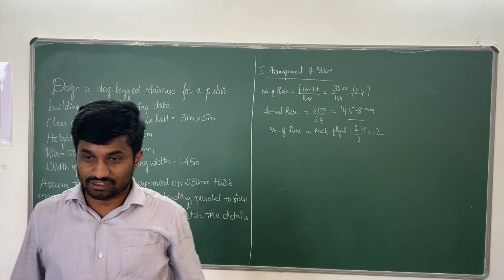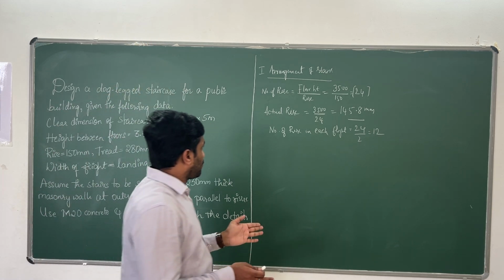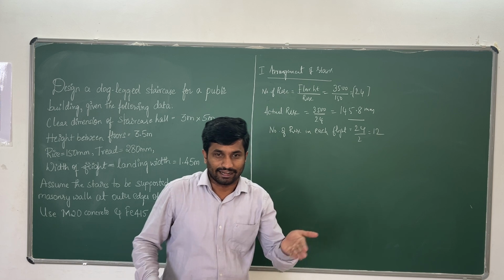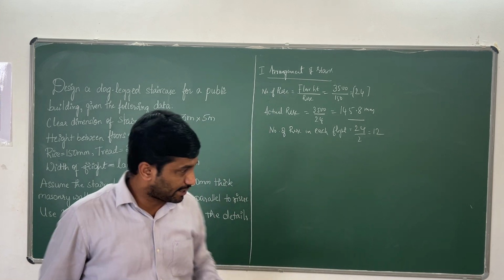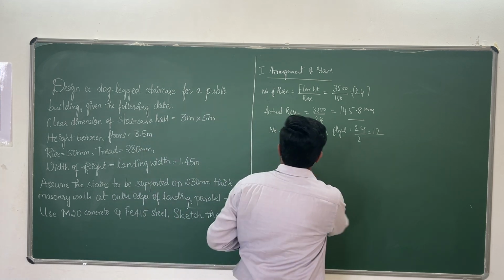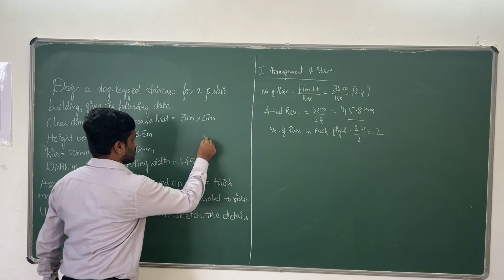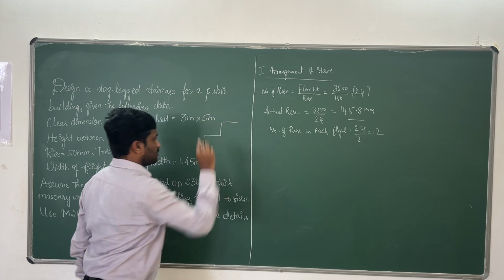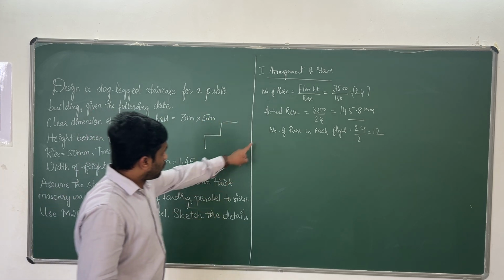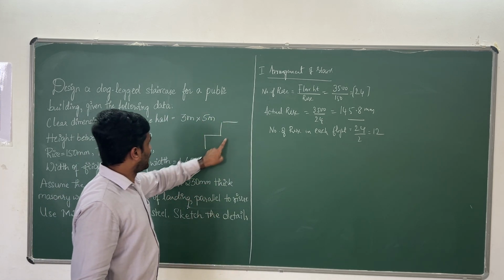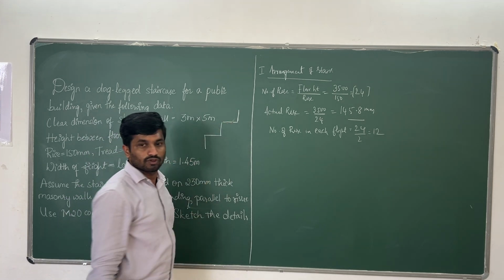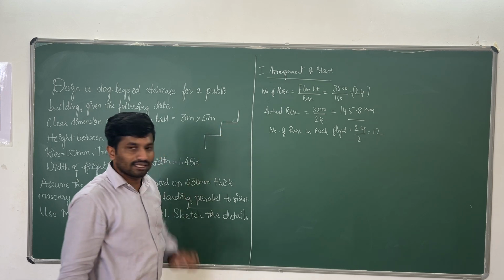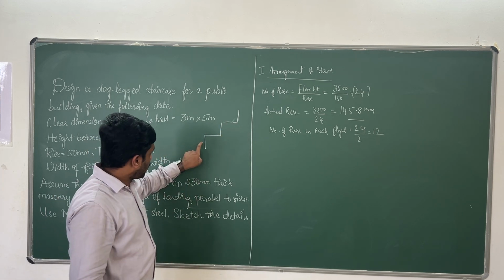Clear? So the number of threads, generally what happens? So one rise, one flight, right? This is rise, this is thread. This is rise, this is thread. So generally, you see, we are having now 2 steps. In 2 steps, how many rises are there? 1, 2, 3.